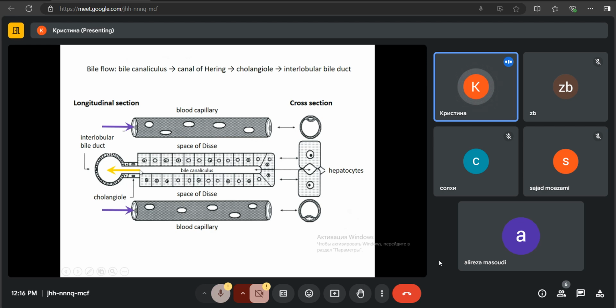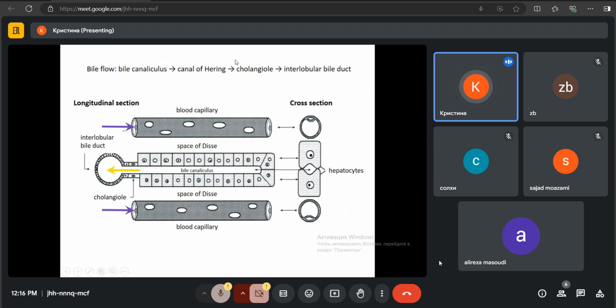Near the periphery of the hepatic lobule, there is the canal of Herring. It has in its structure some portions of membranes of hepatocytes and specific cuboidal cells of the first portions of the bile ducts.